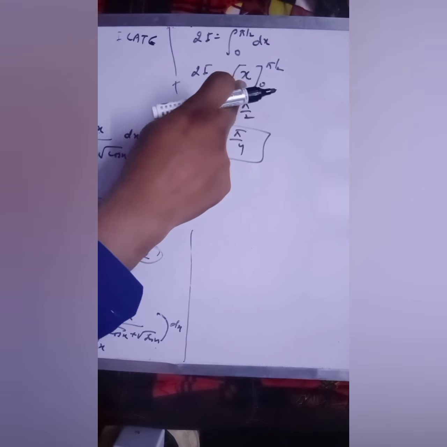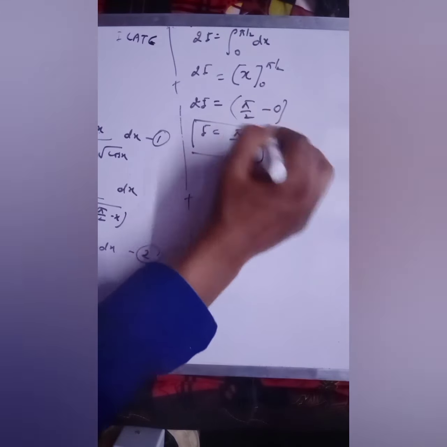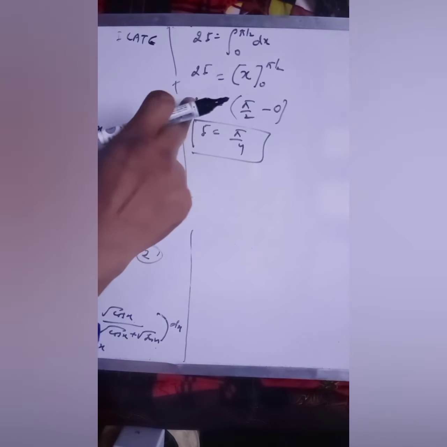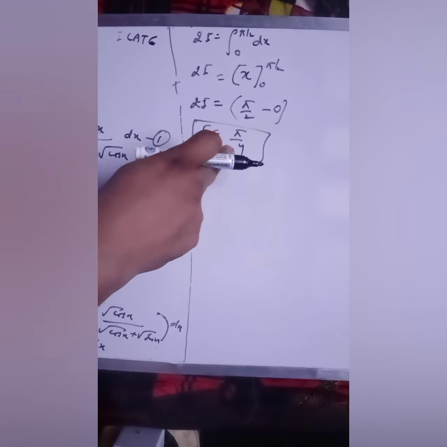Put the limit pi by 2 minus 0. I am not showing 0 here, okay, I have shown it. This would be pi by 2, that is equal to 2I, so your I would be pi by 4. Got it? So this is your question number 2.